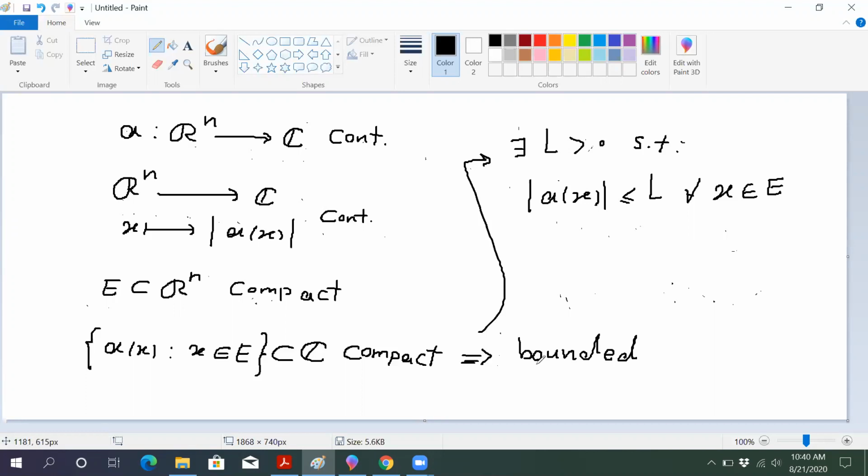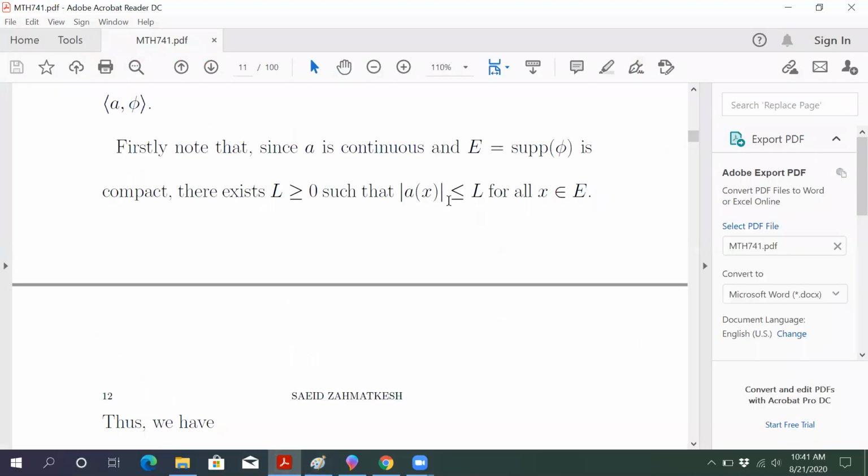Remember here, when we say this set, it's actually the image of E under A, right? This is A of E actually. A of E is compact. Okay. So now we know why.